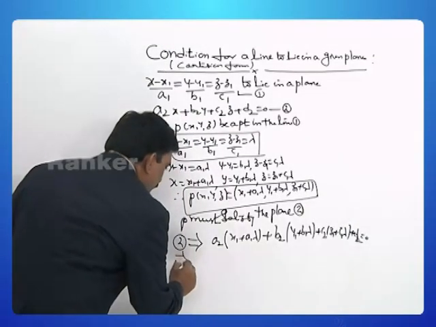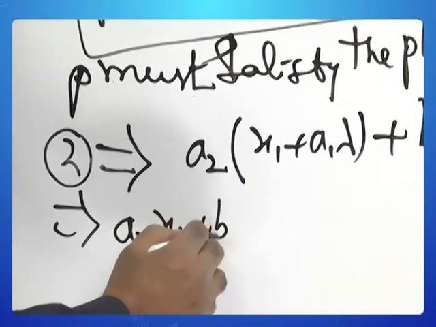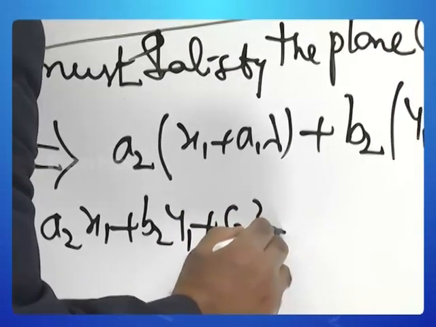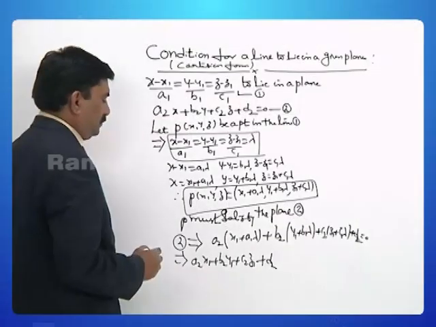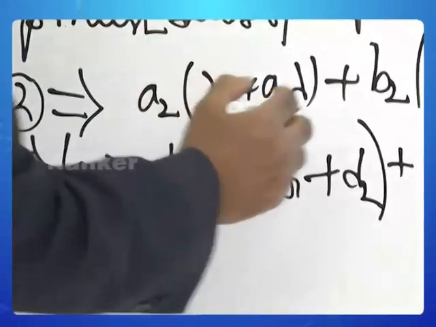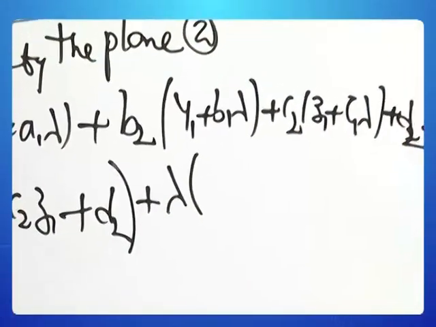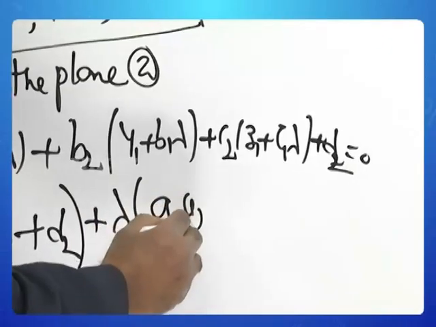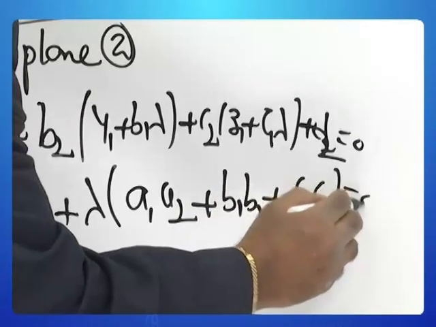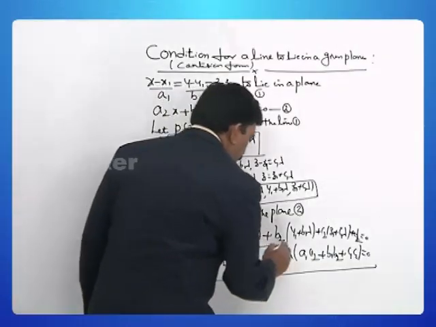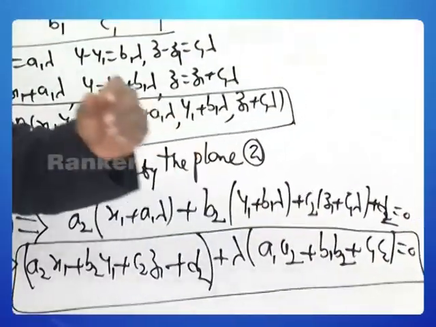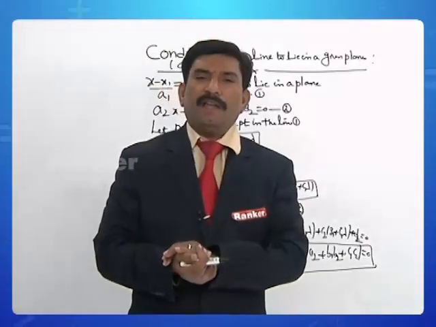Which implies a2x1 plus b2y1 plus c2z1 plus d2, plus lambda into (a1a2 plus b1b2 plus c1c2) is equal to 0. For all values of lambda, this must be an identity.